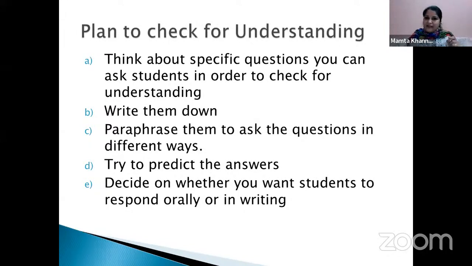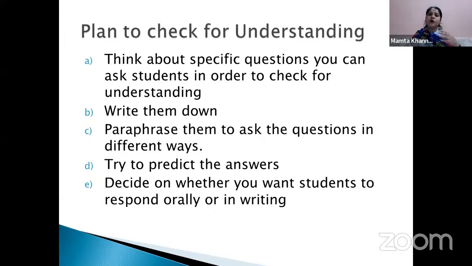So what are exit tickets? Exit tickets are some sort of assignments or activities which help you as a teacher to understand whether your concepts have reached the students, how many of them have understood, or how many of them need more help in understanding the concept again.